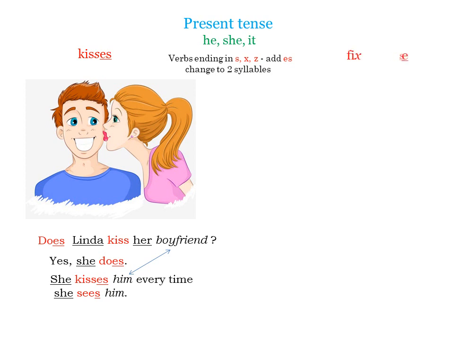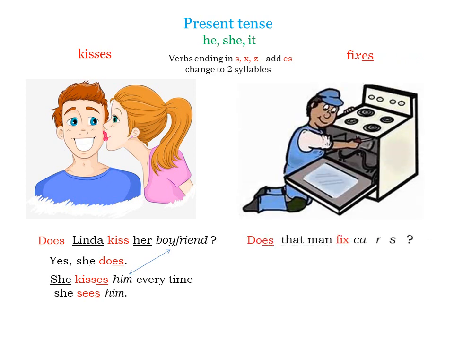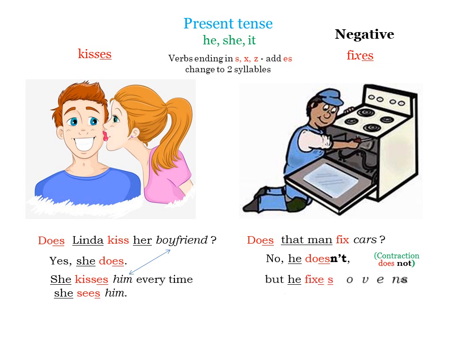Fix, add ES, fixes. Does that man fix cars? Negative. No, he doesn't. Doesn't is the contraction of does not. No, he doesn't. But he fixes ovens and other kitchen appliances.